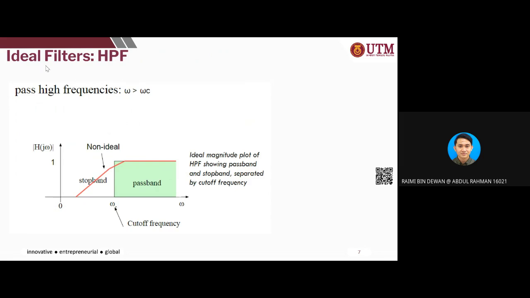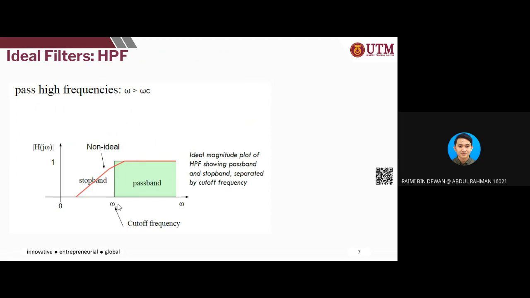So this is the ideal filter, the high pass filter. This is your ideal filter, and this is actually your high pass filter. The practical high pass filter is also known as the non-ideal high pass filter.